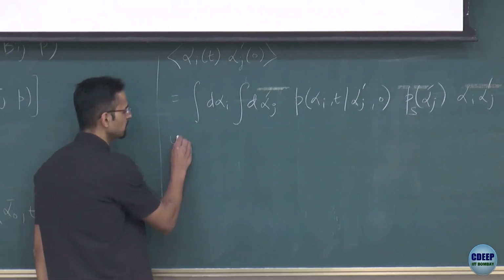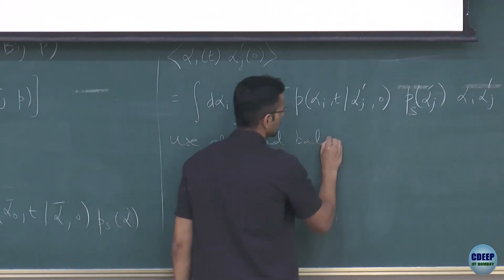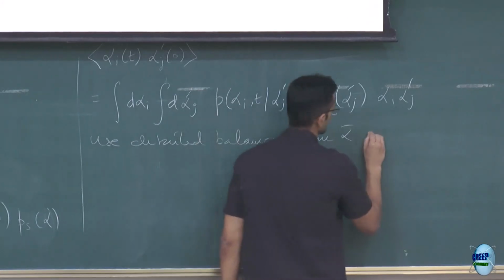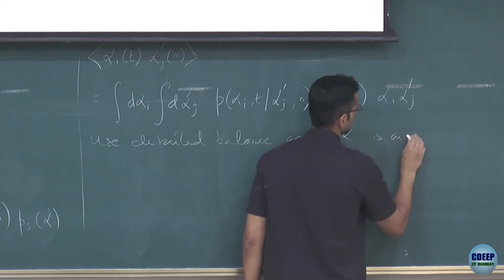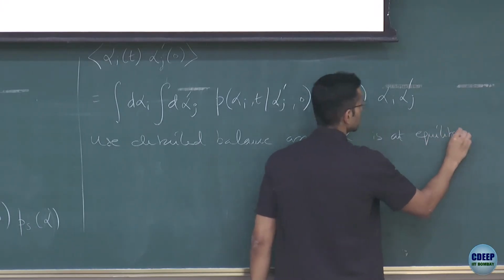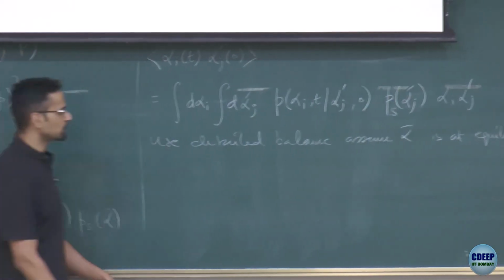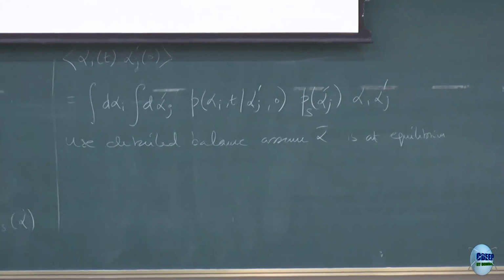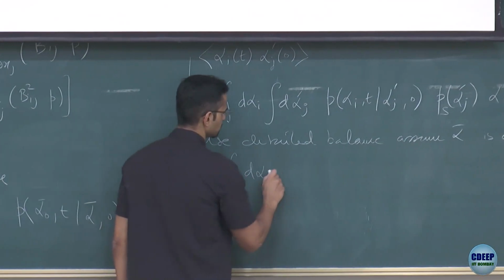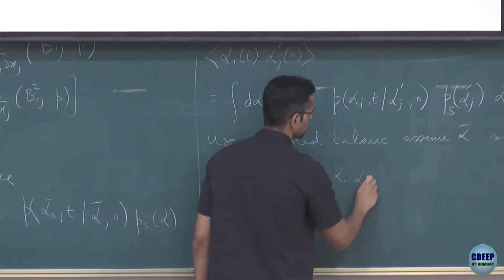Now, if you use detailed balance, assuming the alpha is at equilibrium, so you have some equilibrium process that is therefore time reversible and so on, you have detailed balance. When you do that, you use this relation, and this means I can write it as follows. The order of these things doesn't matter.